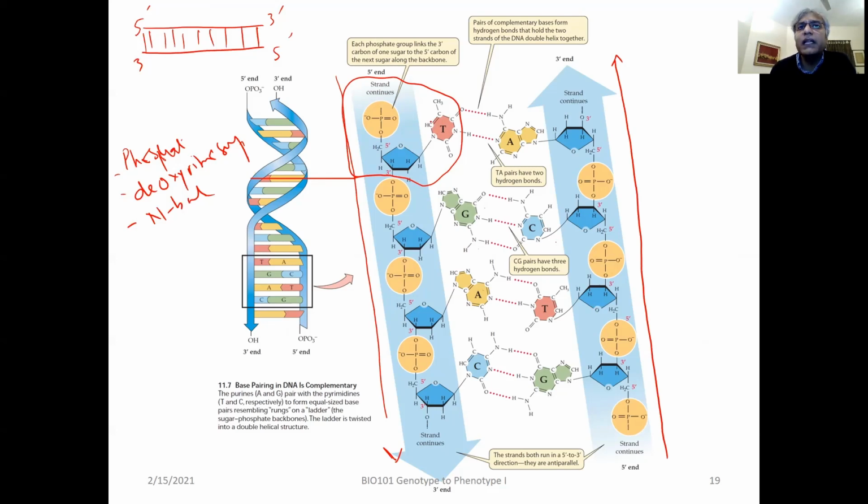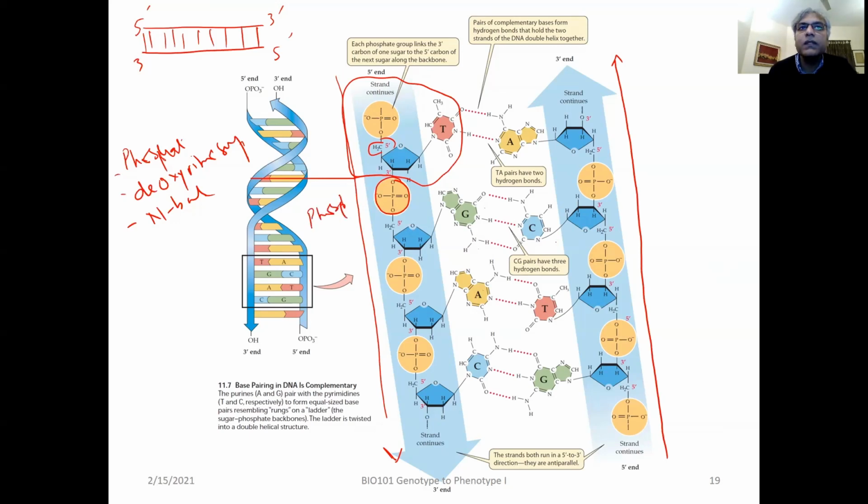The phosphate group is on the 5th carbon, but the extension of DNA is always at the 3' end, because at the 3' end there is a hydroxyl group. This hydroxyl group binds to the phosphate group of the next nucleotide.